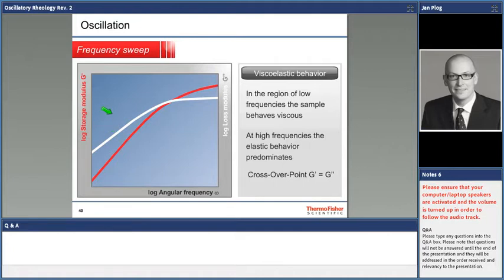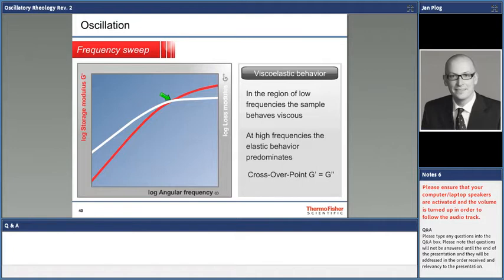The faster and faster you oscillate, okay, the less time you give your fluid for those relaxation mechanisms, the more you freeze your sample in, the more you force it to behave more and more elastic.